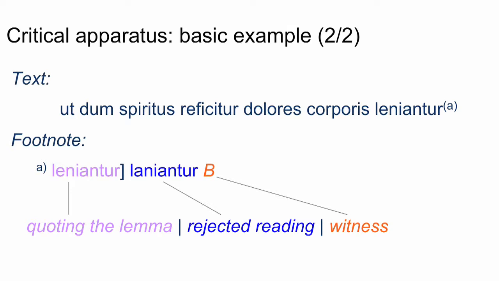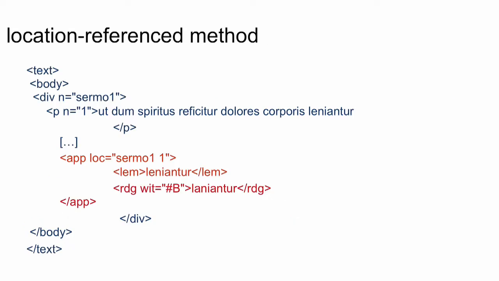And here is how we would encode this phenomenon with the location reference method. In the location reference method, you have an apparatus entry, which is attached merely to a chunk of the text, to a unit of the text, not a precise point in the text.